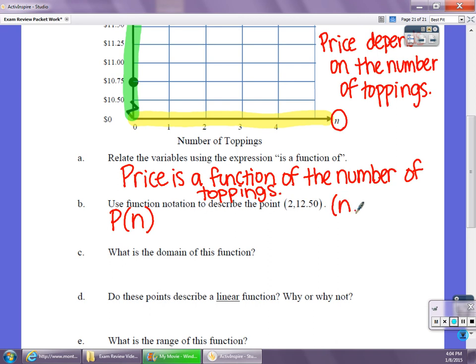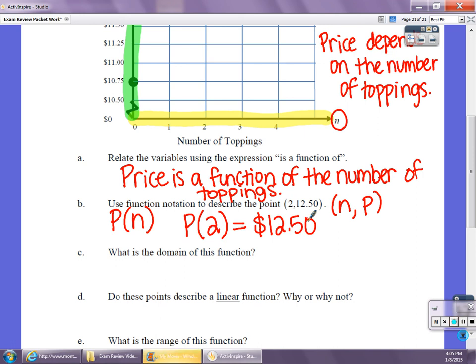Think about that as n and p: we have the number of toppings and the price. The way I'm going to say it is that p of 2, the number of toppings being our input value, is equal to $12.50, the price, and that's function notation.